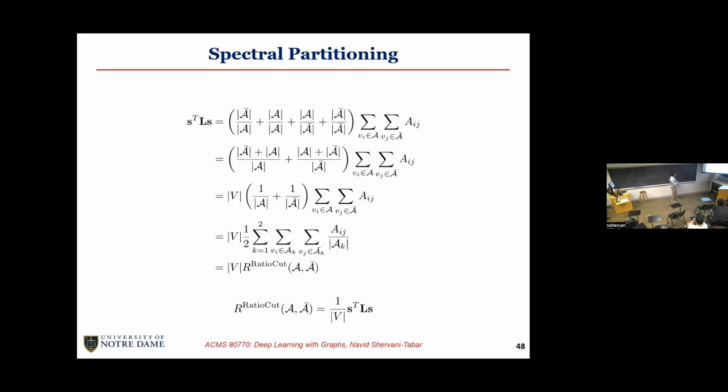And now these are the same things, right? The size of the nodes in cluster A plus the size of the nodes in cluster A bar is going to be the total number of nodes that we have in the graph. So it is going to be the size of the set of nodes in the graph. And this is 1 over A bar. So far, everyone follows?